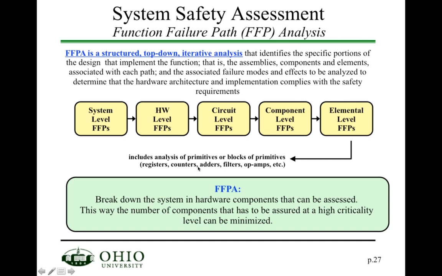In other words, elements such as registers, counters, adders, filters, and op amps. So you're going to break down the system into hardware components that you can assess, and then see if these failures happen. And what are the kinds of chains of events that could happen?